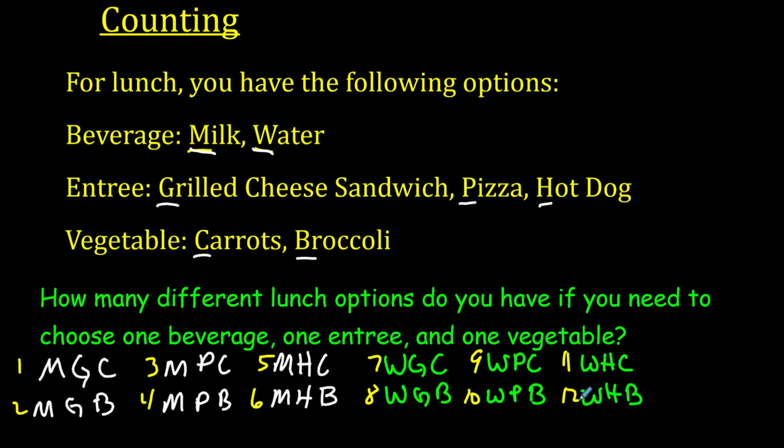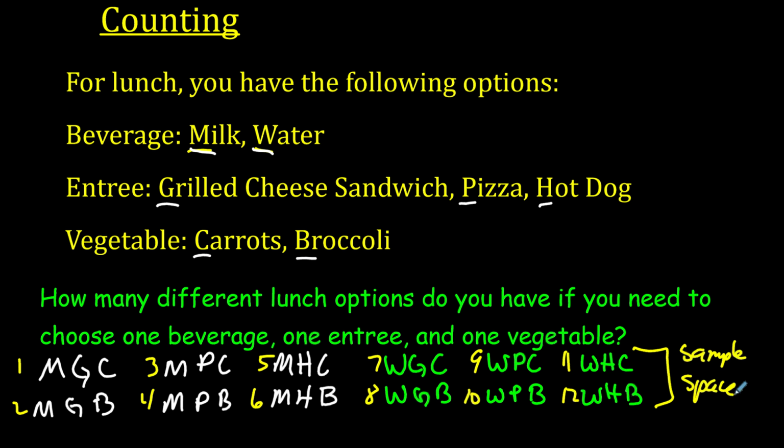So this is called our sample space. A little mishap there. So this is our sample space, sorry. So when it asks you what is the sample space, it just means all of the possible outcomes.